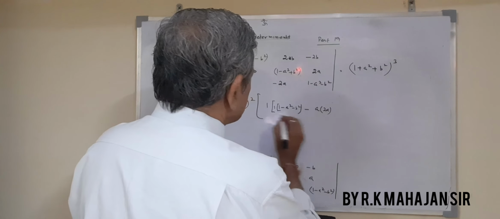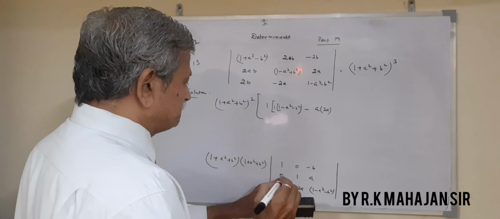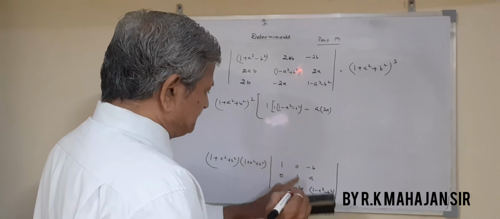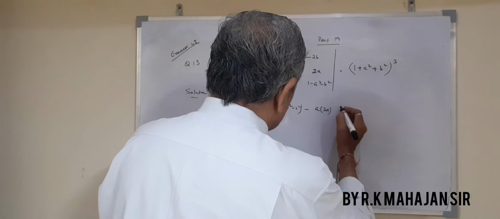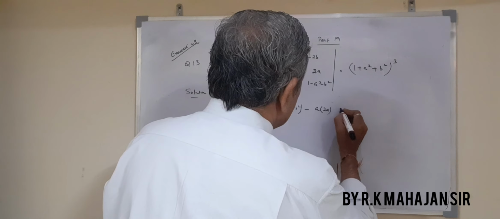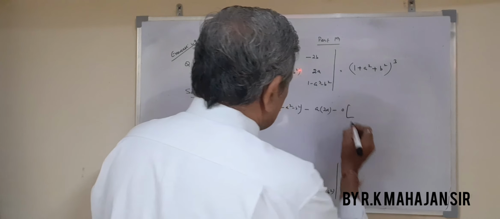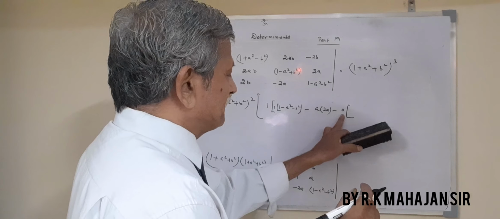So this is your first part. Then you multiply it with the 0 part, because the second part is with minus sign, the first part is positive sign, and this second part is negative sign.